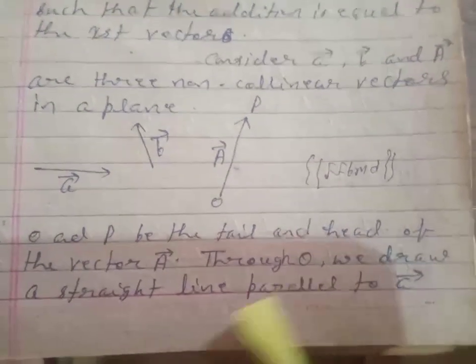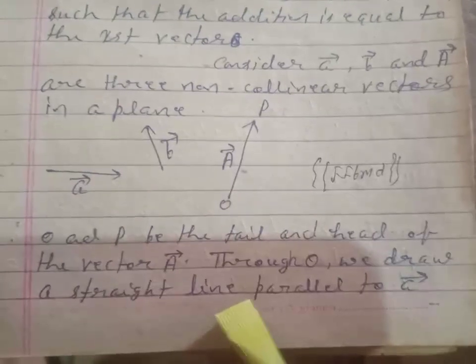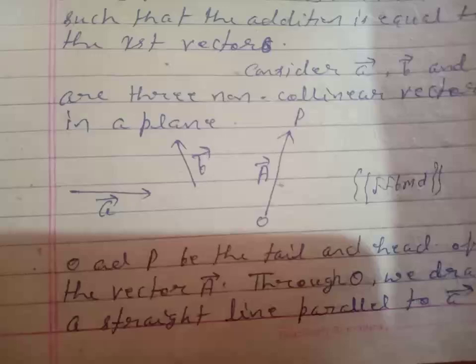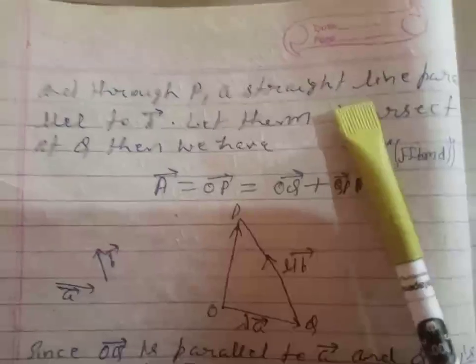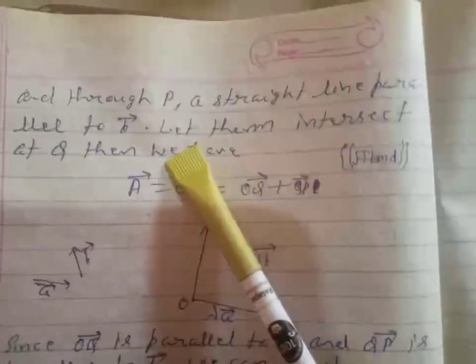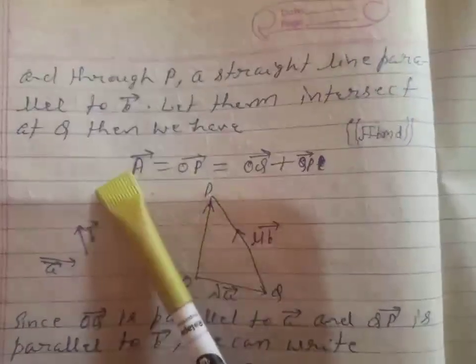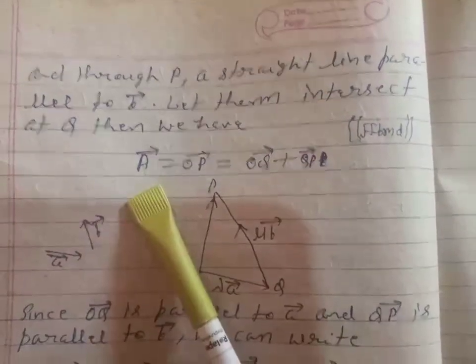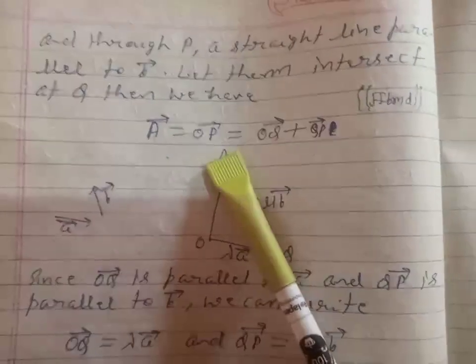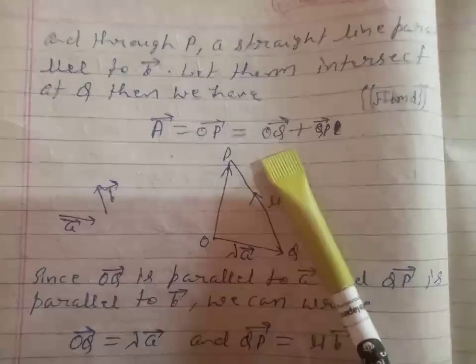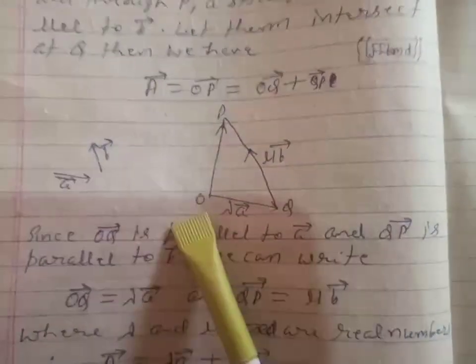Through O, we draw a straight line parallel to A vector, and through P, a straight line parallel to B vector. Let them intersect at Q. Then we have A vector equals OP vector equals OQ vector plus QP vector, as shown in this figure.